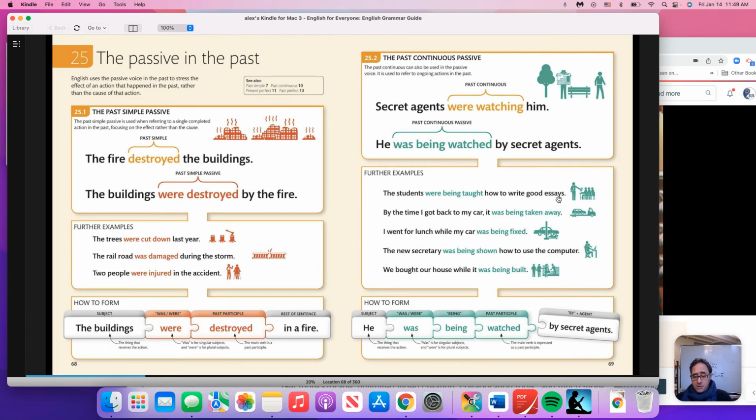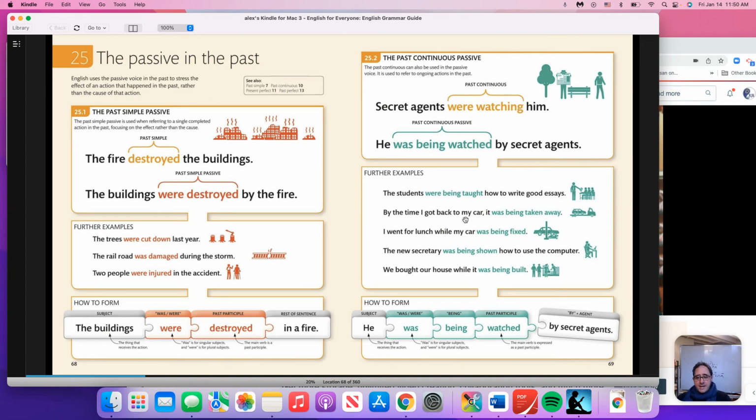Usually there would be a follow-up to that. The students were being taught how to write good essays when all of a sudden lightning struck. You know, that's usually how we would use something like that, and it would be in a literary context. Or in a news context, the students were being taught how to write good essays when all of a sudden the militants barged in and said, you can't teach these kids, something like that.